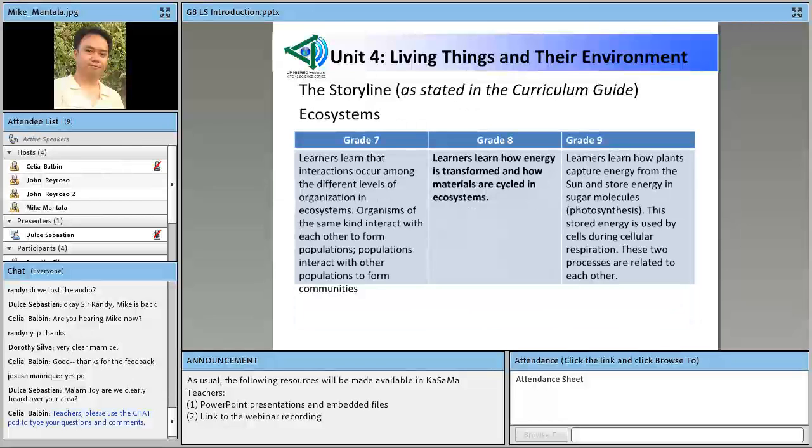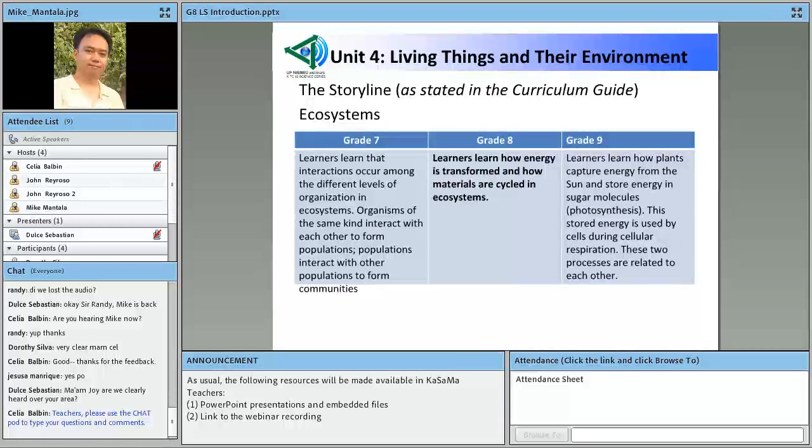Then, moving to another strand of Unit 4, ecosystems, the storyline starts from learners learning about interactions taking place at different levels of organization in ecosystems. So there's interaction happening among cells, among organs, and organ systems.